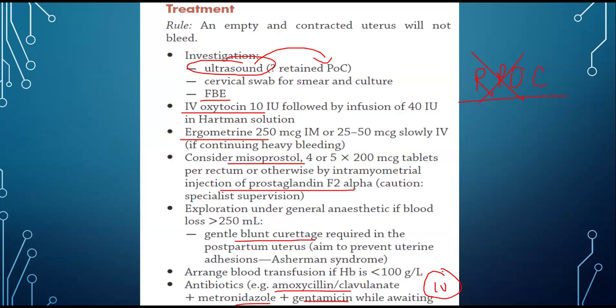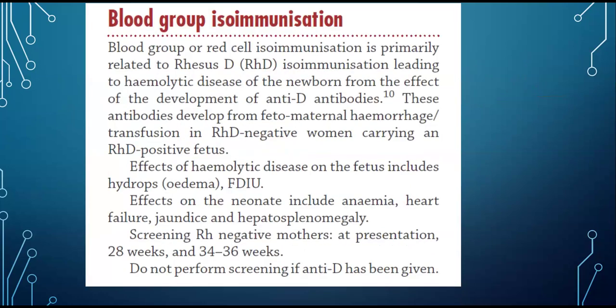So if it is retained product of conception, you need to go for curettage. If it is infection, then antibiotics. That's the main treatment. Most common cause is poor epithelialization of the placental site, because the placenta gets detached from the uterus, and a bit of bleeding will come out from there.